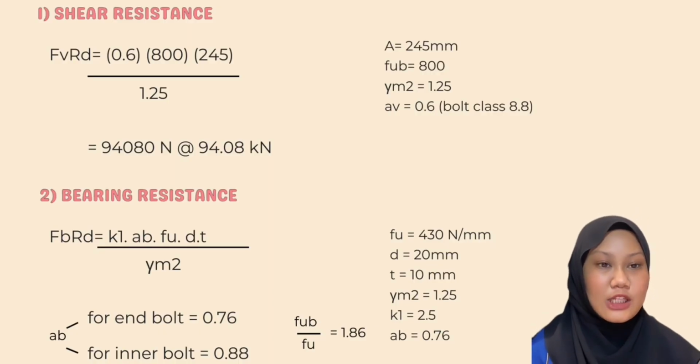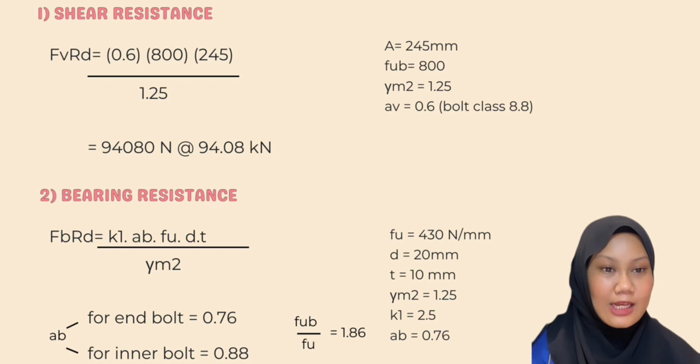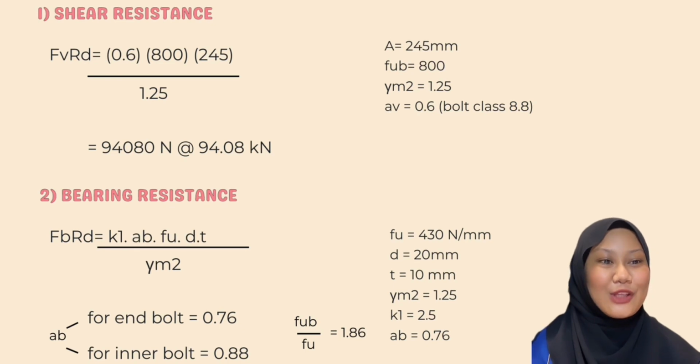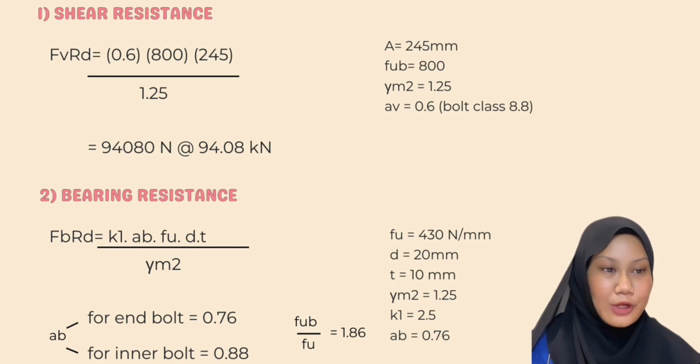The first step is to find the shear resistance using the FvRd formula, where the final answer is 94,080 Newton or 94.08 kilonewton, where we use A as 245 mm squared, fub 800, gamma M2 is 1.25 and alpha v is 0.6 for bolt class 8.8.